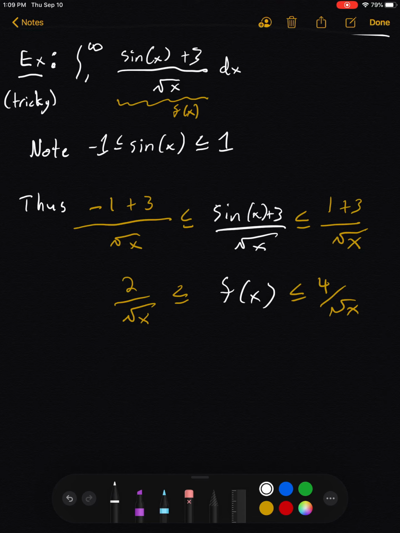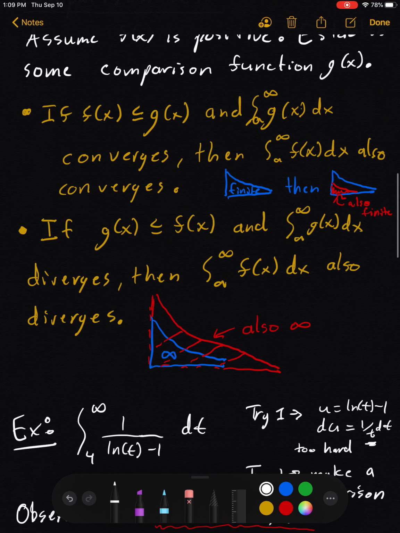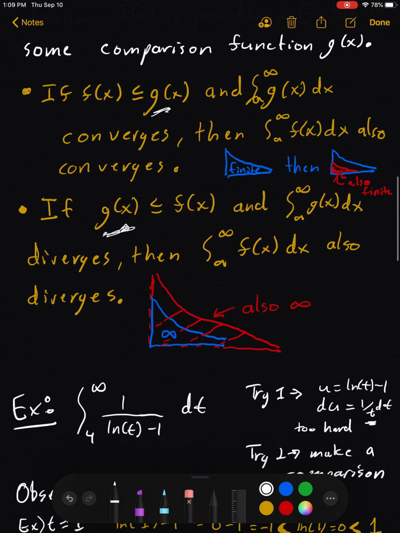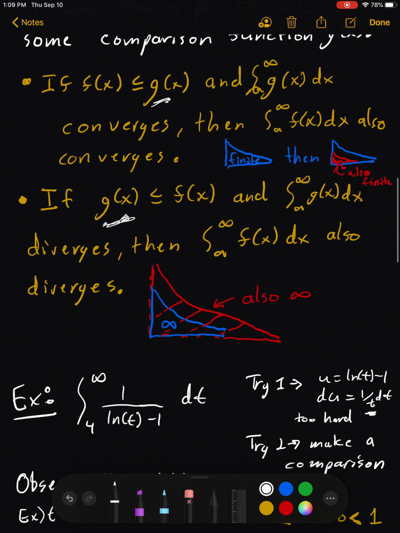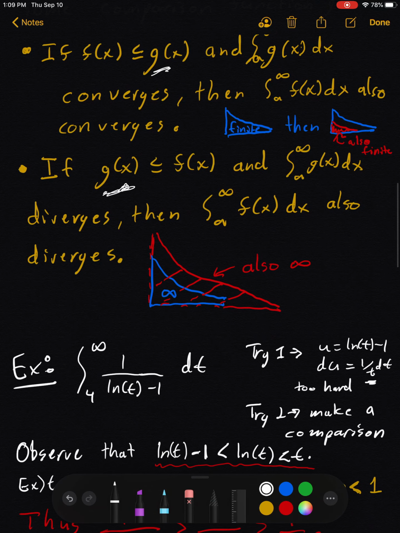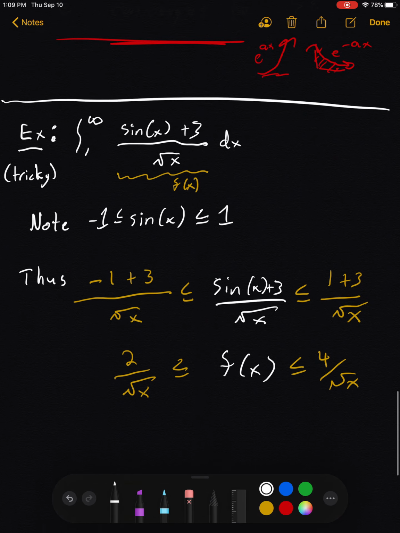And so if we think about our comparison test, we have two choices. Let me find it up here. We can either check the lower bound and see if it diverges, or we can check the upper bound and see if it converges. Now, for the sake of time, I am going to start with the lower bound immediately rather than doing the upper.